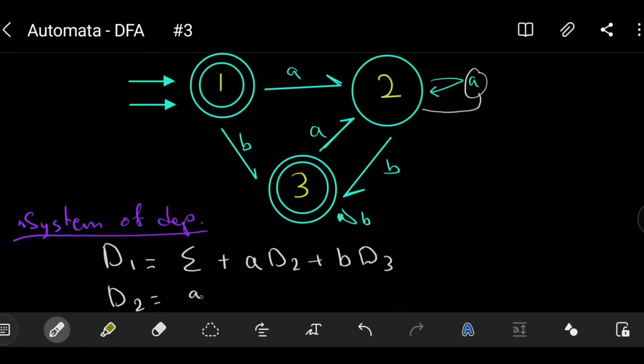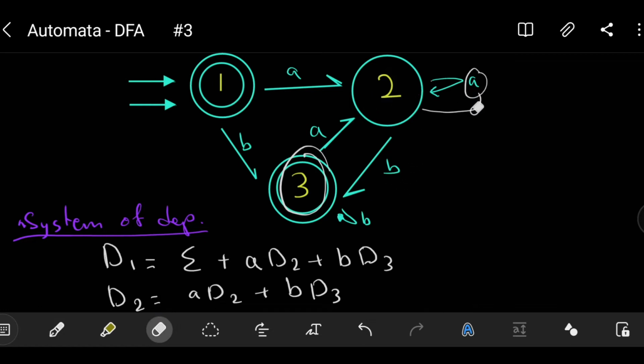So A D2 plus, if I want to go to 3, if I want to press B on 2, so I'm on state number 2 and I pressed B, I would go to 3. So B D3. This is how we solve the derivative.